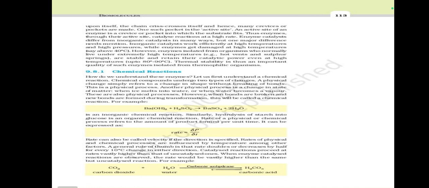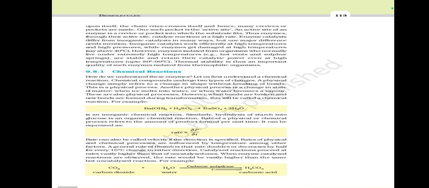One such pocket is the active site. An active site of an enzyme is a crevice or pocket into which the substrate fits. Thus, enzymes, through their active site, catalyze reactions at a high rate.